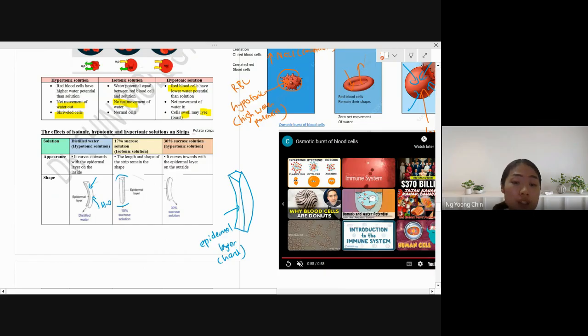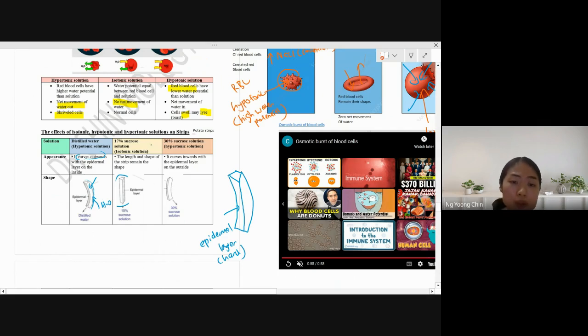When they absorb water, they will curve in this way. See? This side will increase in length, so they will curve outwards, with the epidermal layer on the inside. This is because the potato flesh part absorbs a large amount of water, so it is able to curve outwards.